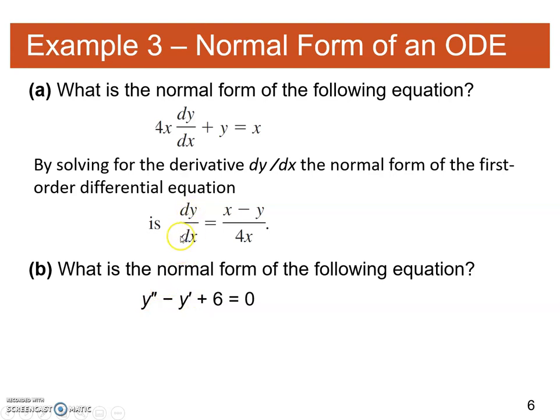So dy over dx you can represent by y prime as well. It is implicit that x is the independent variable. This equation is different from the first equation, because the first equation involved the first derivative, but this equation involves the second derivative.